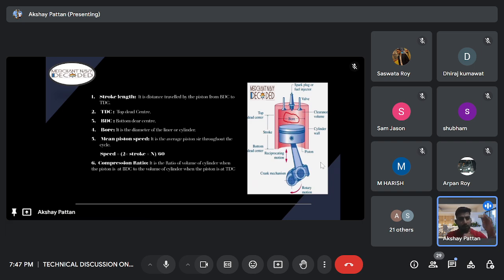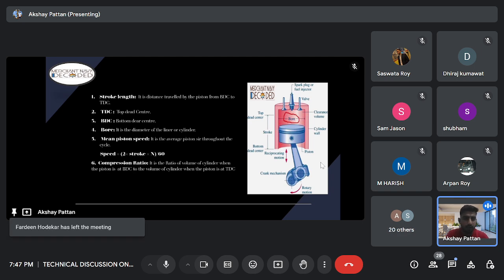So it completes one cycle in the four-stroke cycle. When the piston moves from TDC to BDC throughout the cycle, the average speed of that piston is known as the mean piston speed.